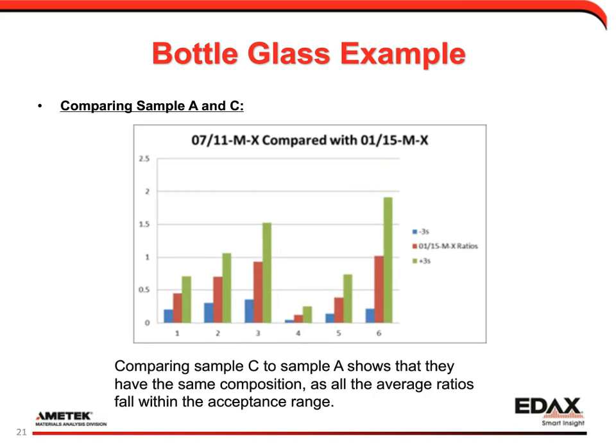Then I compared A with C, and we use the ranges set by sample A, and we use the average ratios from sample C, and they all fall within the acceptable tolerance range, and it can be concluded that sample A and C share the same composition.